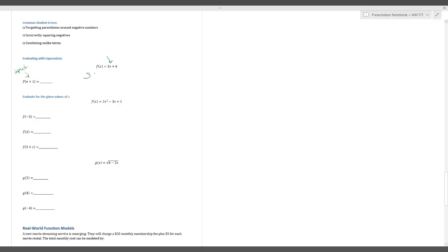The 3 comes along for the ride, and instead of writing x, we're going to put in a plus 1, and then plus 4. Now we can continue to simplify this, and simplify it even more to 3a plus 7.